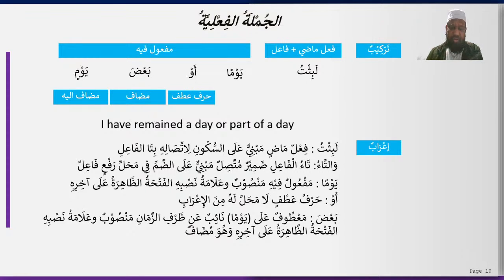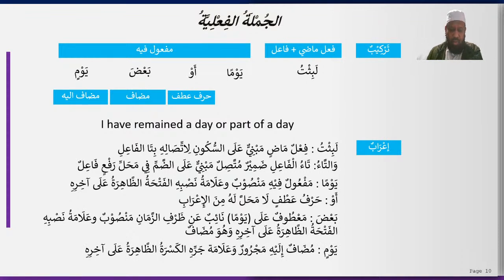If it's not معطوف, we just write بعض نائب عن ظرف الزمان منصوب. يوم مضاف إليه مجرور وعلامة جره الكسرة الظاهرة على آخره. Yeah, well done.